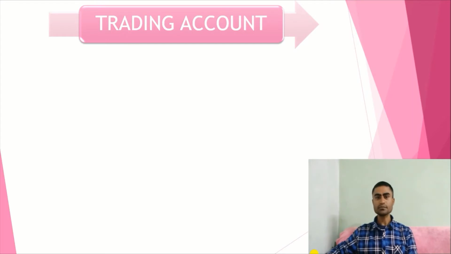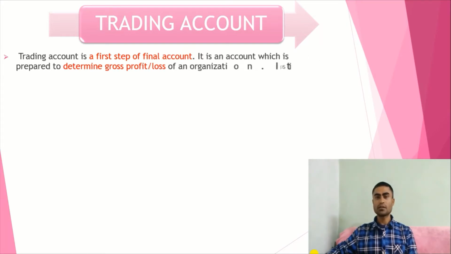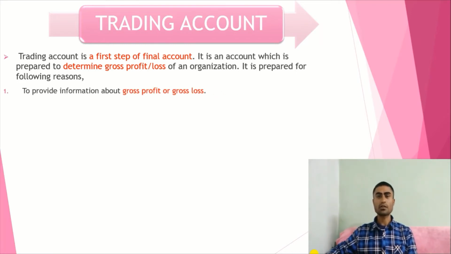So trading account is the first step of final account. It is a concept in which the different expenses, or we can say the direct expenses, are recorded in the debit side and direct income, that is sales, is recorded in the credit side. So it is an account which is prepared to determine the gross profit or gross loss of an organization.